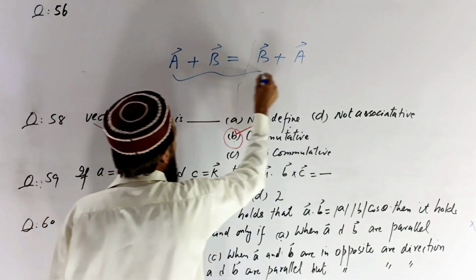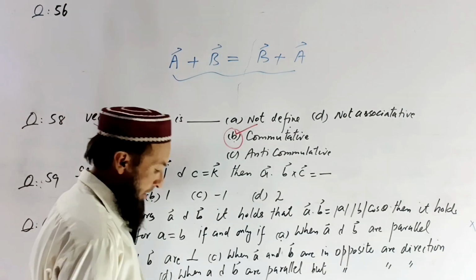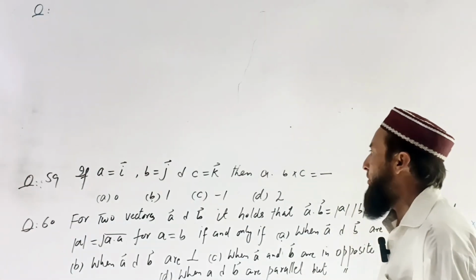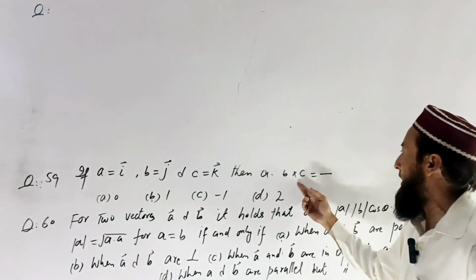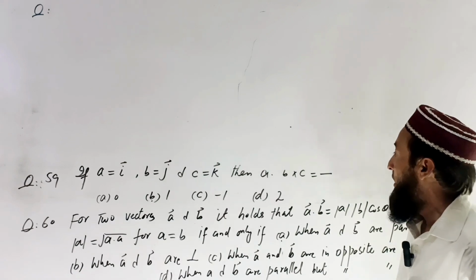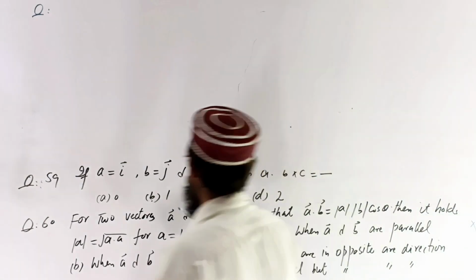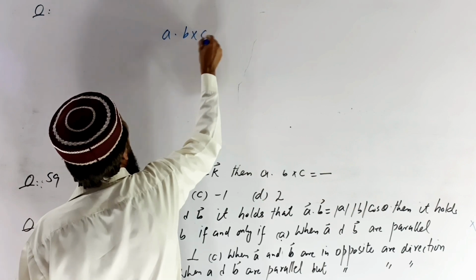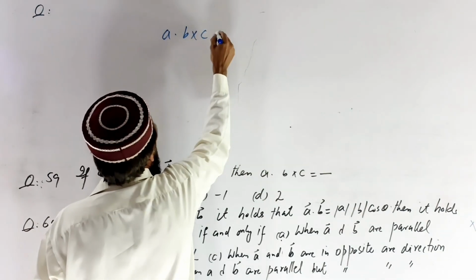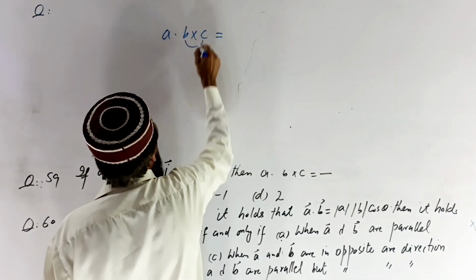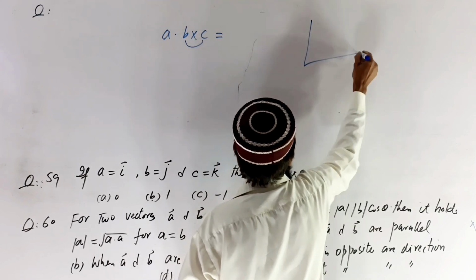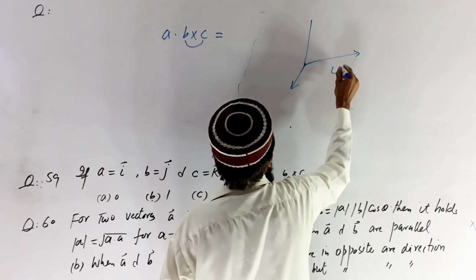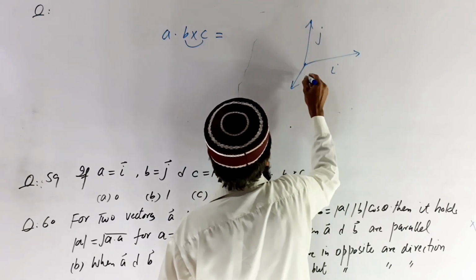So this is the commutative law. Then J and C is equal to K, then A dot B cross C, the scalar triple product, is required. If we directly apply here, A dot B cross C is given, so we can write B cross C according to the definition of cross product with i, j and k.